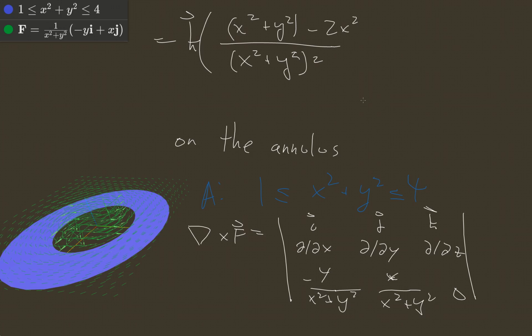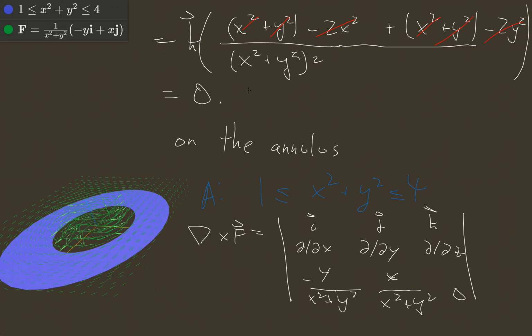So that's going to behave the same. So this will give us plus another x squared plus y squared, now minus 2y squared. But now these all cancel out. So in fact, the curl of this vector field is 0.